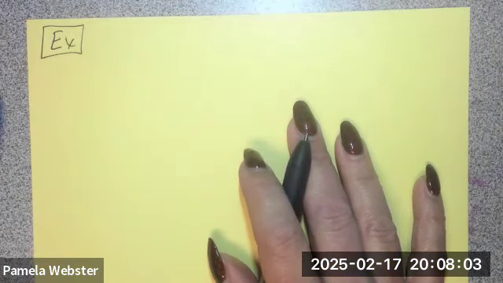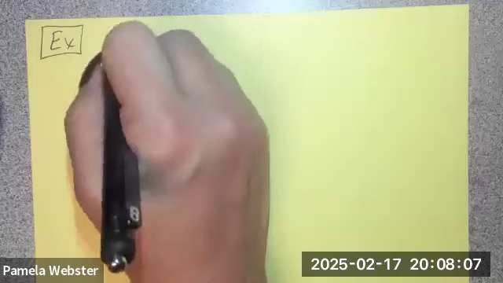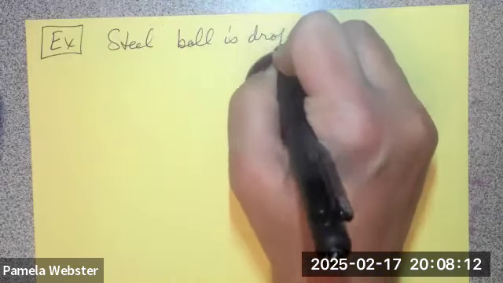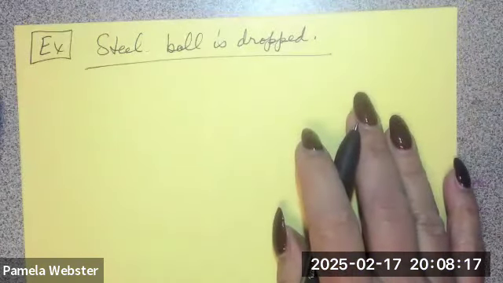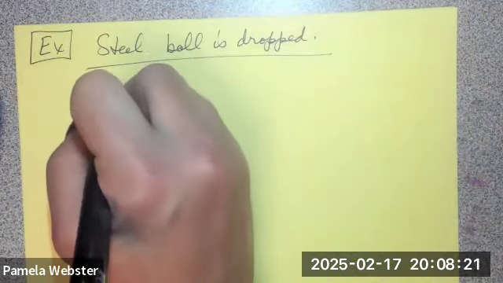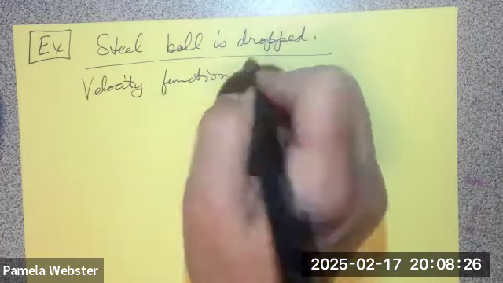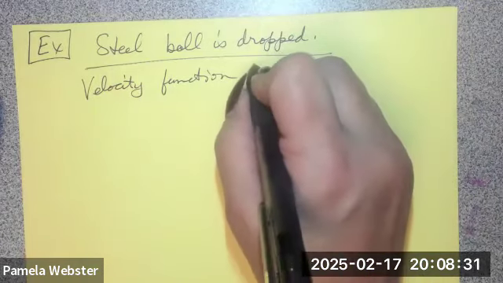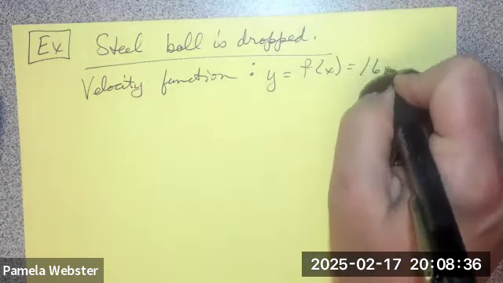So you've seen all the special cases kind of stuff. I have an application problem. So it looks like this. A still ball is dropped, and we have a velocity function that looks like y equals f of x equals 16x squared.